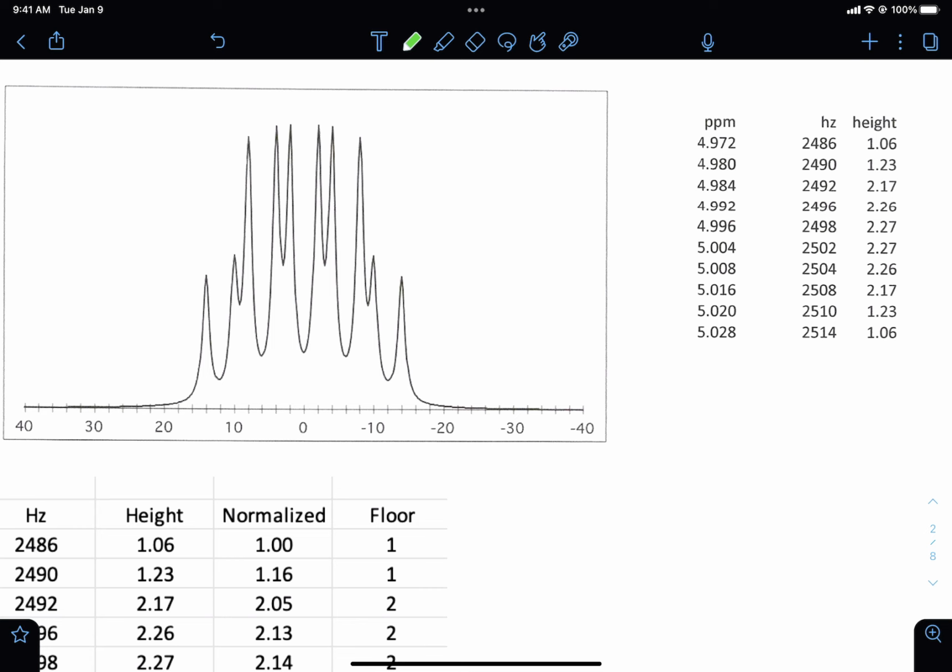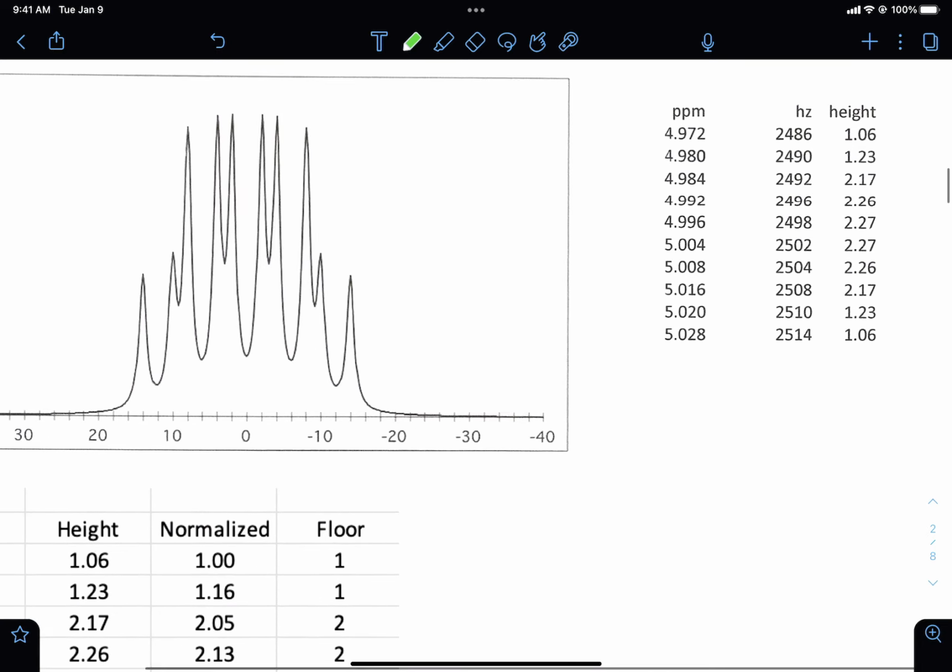Most NMR programs will provide this right on the spectrum. Sometimes you can hide the numbers if you don't want to see them. But if the spectrometer is picking up these frequencies, it can print them out for you. So this is an example of what that output might look like.